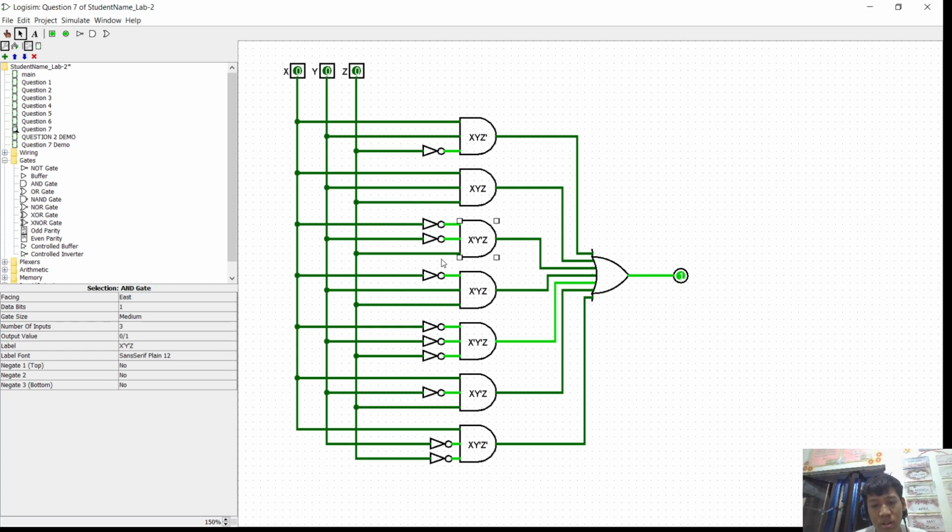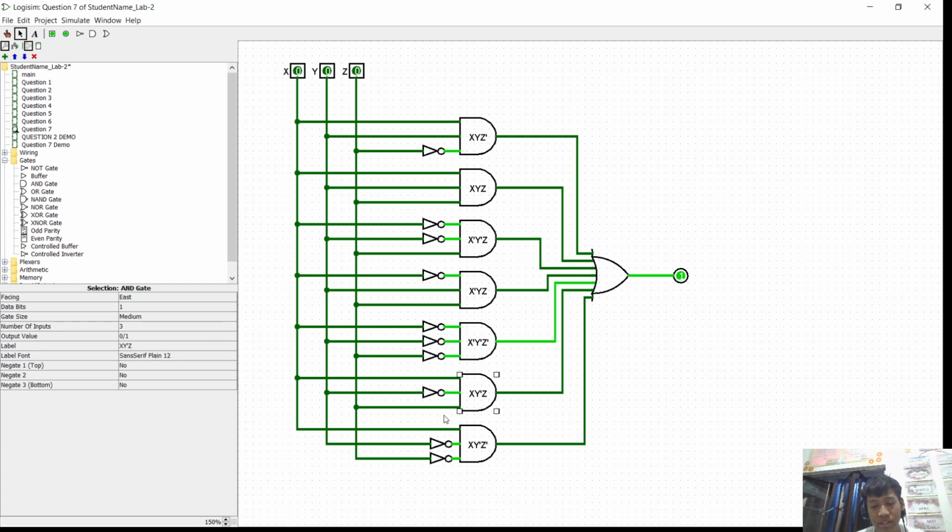As for Z, we don't have an inverter because it doesn't have the complement sign. And for the next gate, X complement Y Z, the X input has an inverter here, and then for the next AND gate, X complement Y complement Z complement, all three of the inputs have an inverter.